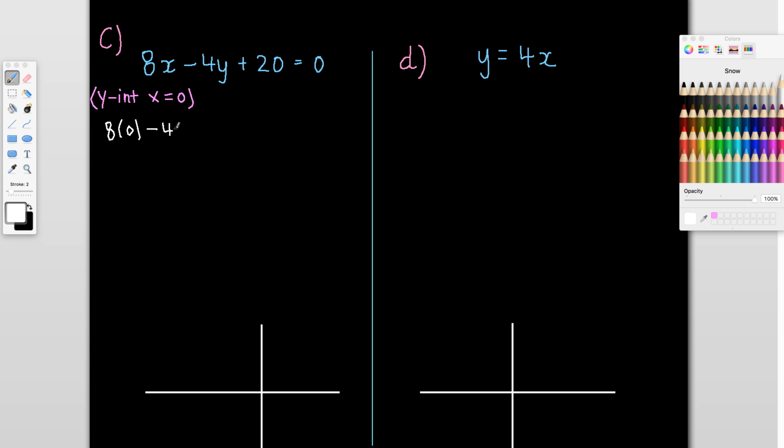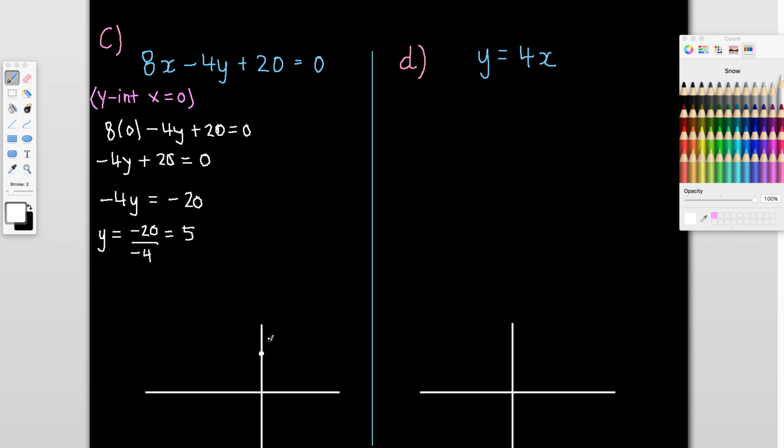We're going to be left with negative 4y plus 20 equals 0. Okay, so we can now subtract 20 from both sides. Y is then going to be negative 20 on negative 4 and of course that is equal to 5.